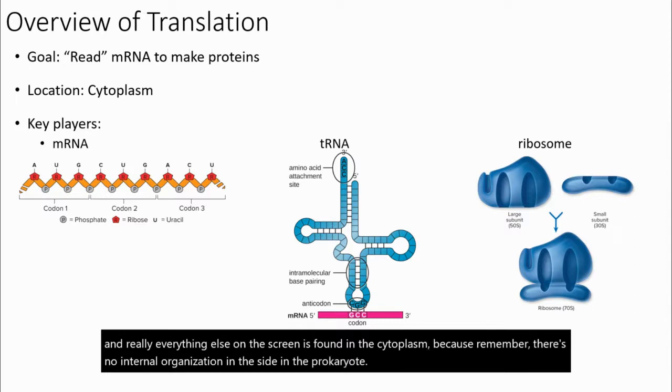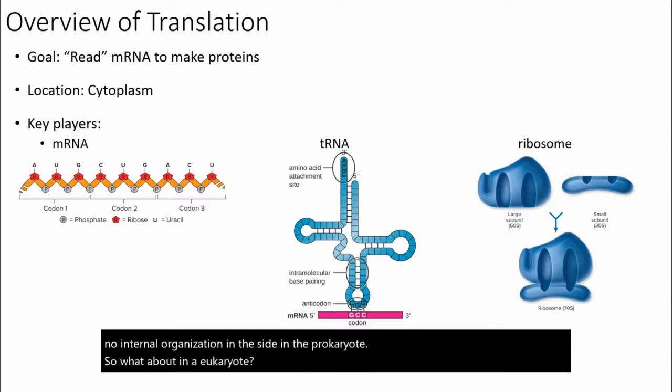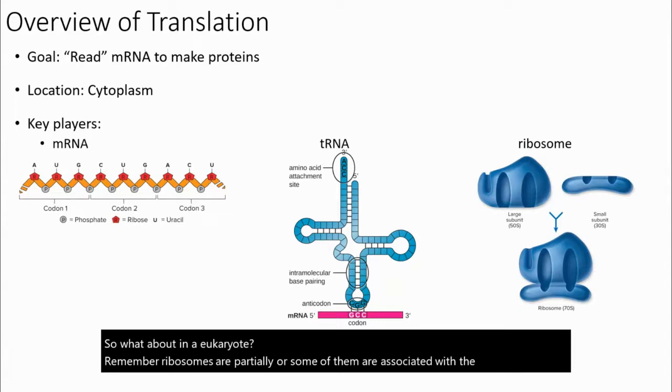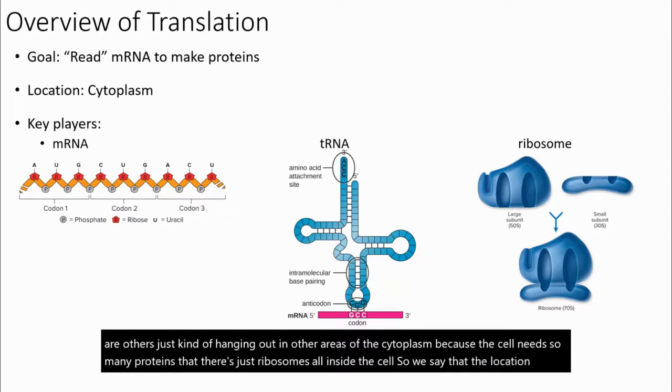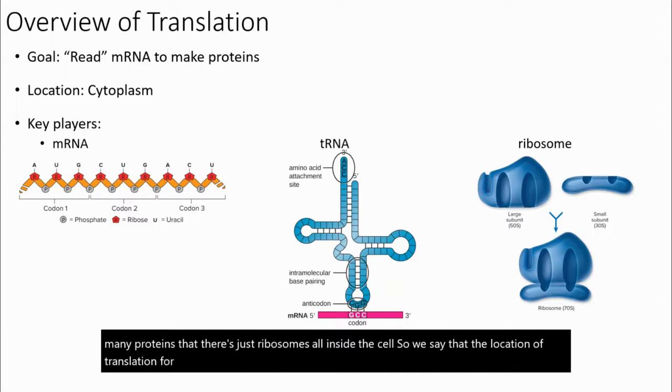So what about in a eukaryote? Well, remember, ribosomes are partially, or some of them are associated with the rough ER, but there are others just hanging out in other areas of the cytoplasm because the cell needs so many proteins that there's just ribosomes all inside the cell. So we say that the location of translation for eukaryotes is also the cytoplasm.